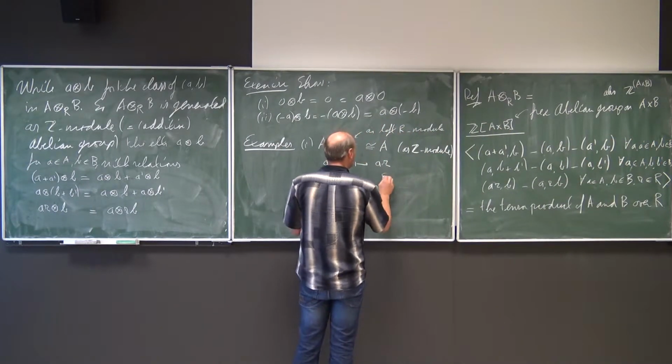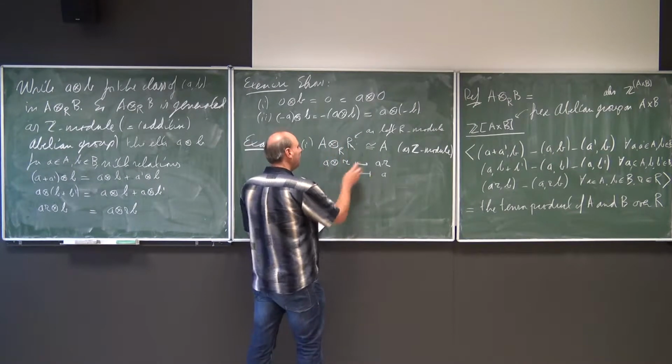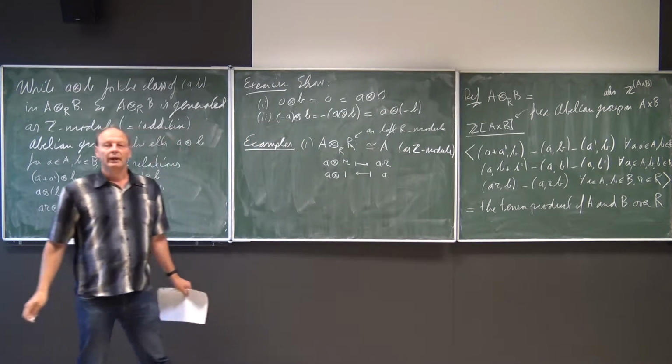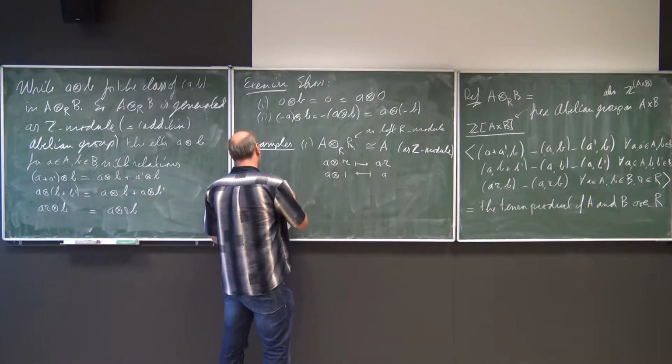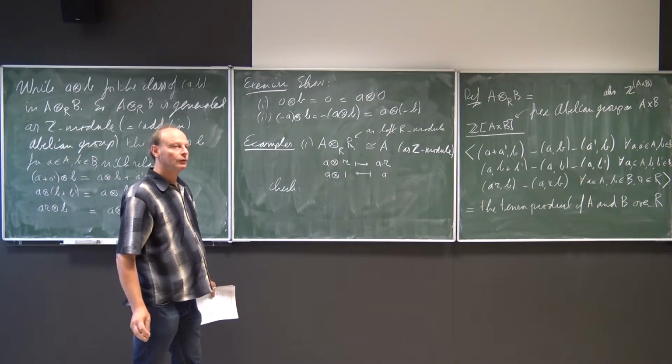And the other way around, you go from A in A, and you map this to A tensor 1. And then it's up to you to check that indeed those maps are homomorphisms and they're each other's inverse.